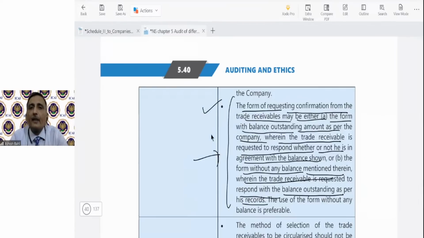If you write the balance yourself and ask the party to agree to this or to disagree with this, there are still chances that the confirming party may not verify it from its records and just simply sign it and send back to you. So it is a case of possibility. Okay.